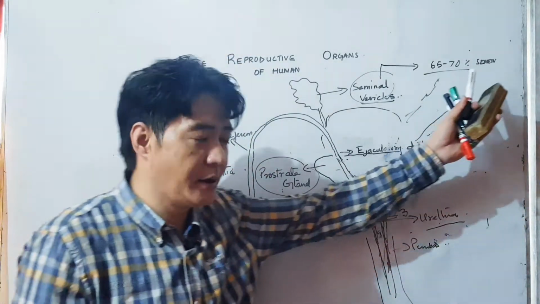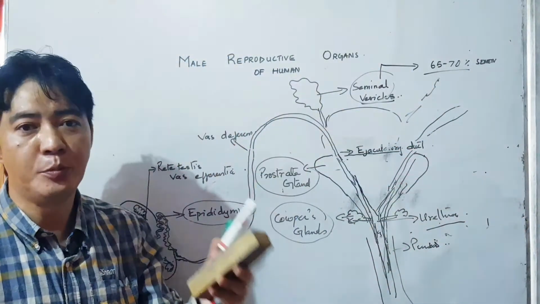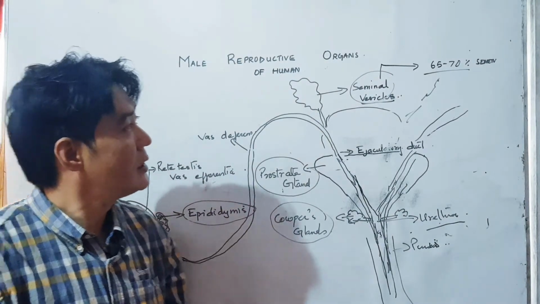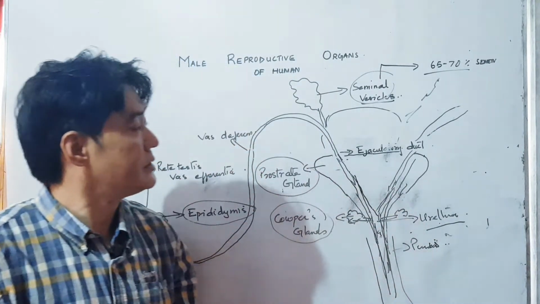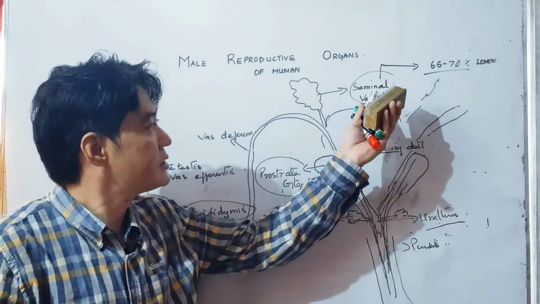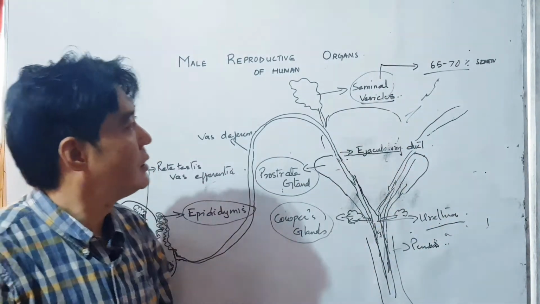These form the semen, and the majority portion of the semen, that is 65 to 75%, is from the seminal vesicles.